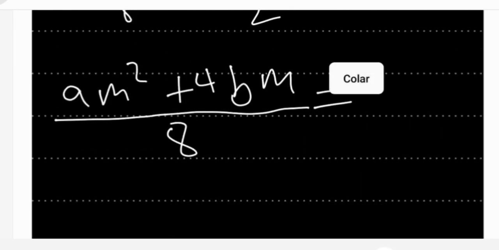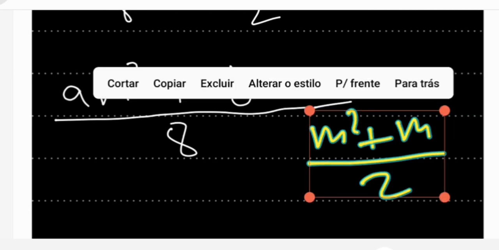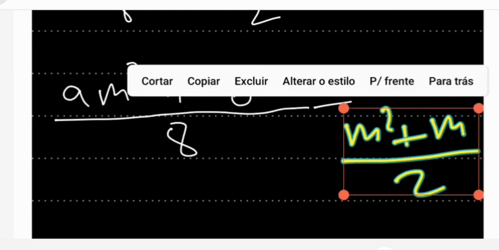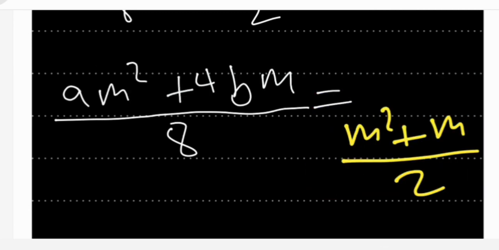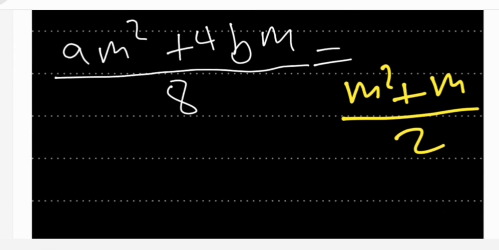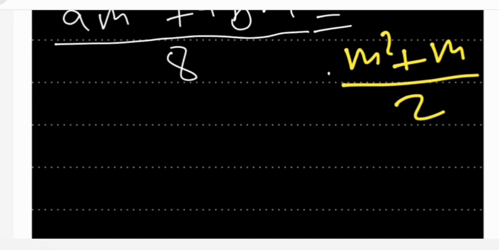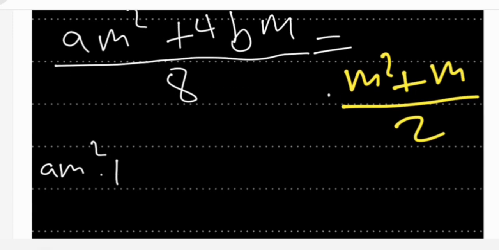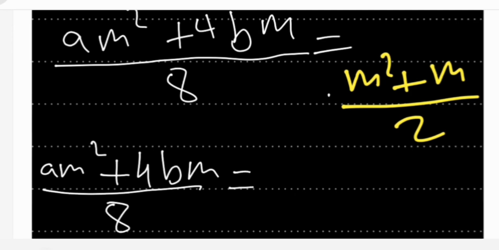So if this is equal to this, let's start making them similar. We have 8 here, so a m squared plus 4 b m divided by 8 is equal to, now I'm going to multiply here by 4 and divide by 4, so that we can have 8 downwards.